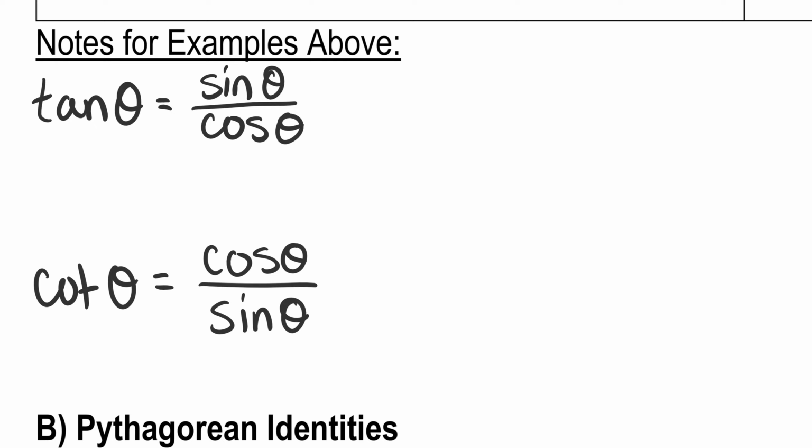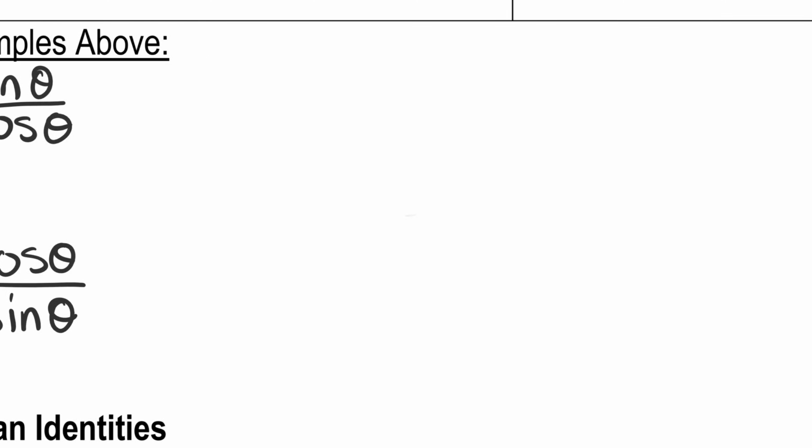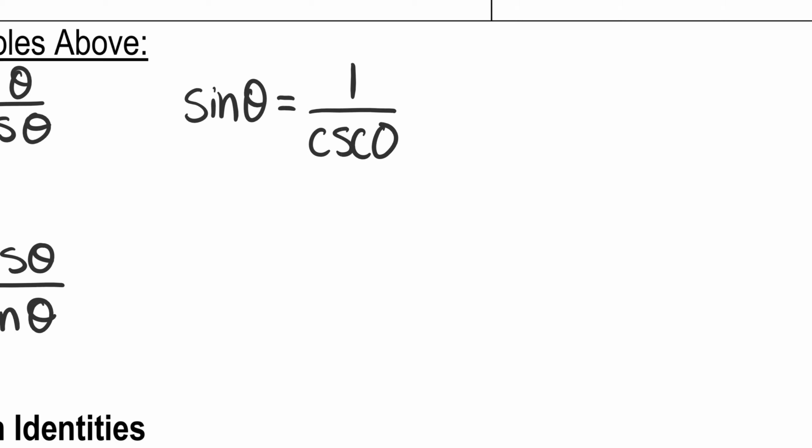There are 6 reciprocal identities. But again, we've done these, so they hopefully will look familiar and be very easy. The first one is sine theta equals 1 over cosecant theta. And then we flip it, cosecant theta equals 1 over sine theta.